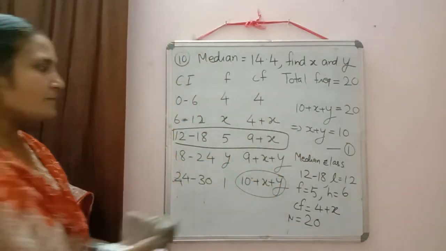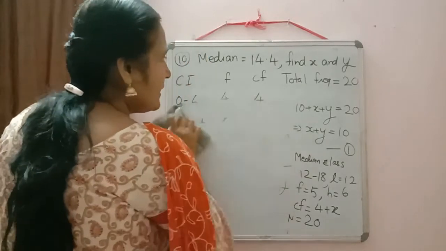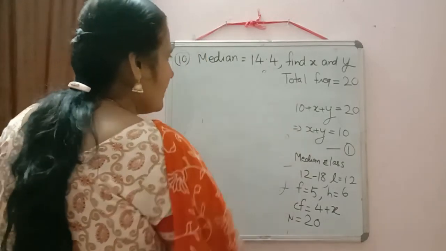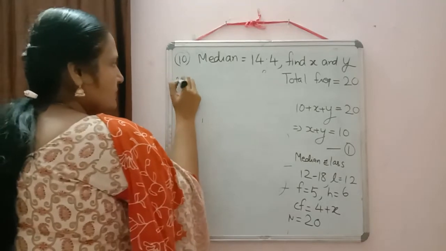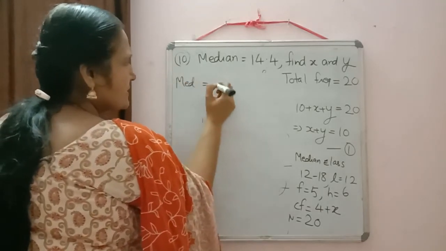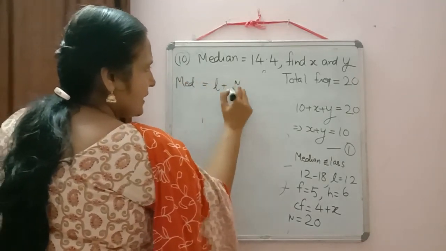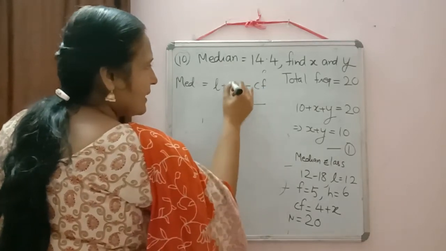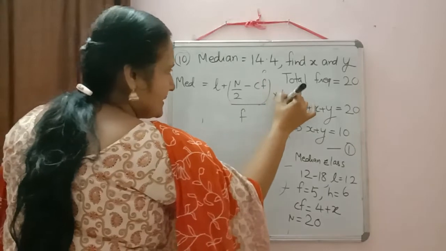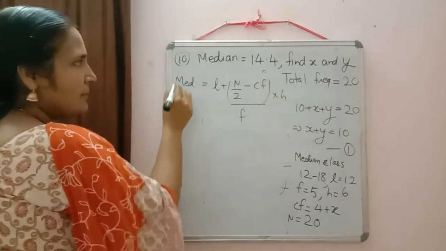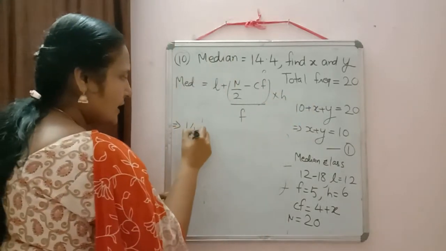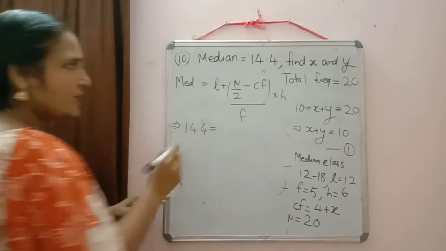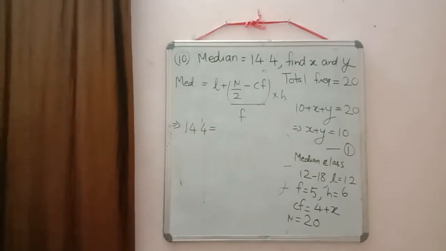Now we can substitute the value. So for that, first write down the formula. Median is equal to L plus (n by 2 minus CF) by F into H. Now we will substitute. Median, what is given there? 14.4 is equal to, value of L is 12.